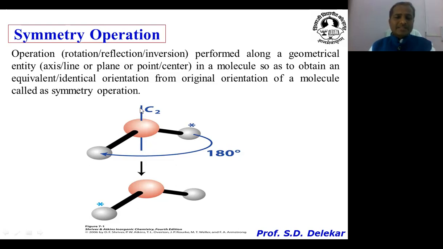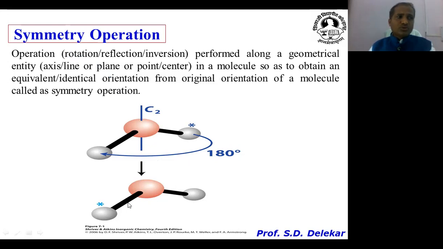This is one axis passing through the oxygen atom. If I operate a rotation along this axis, in the anti-clockwise or clockwise direction, at 180 degrees, I get a new orientation.